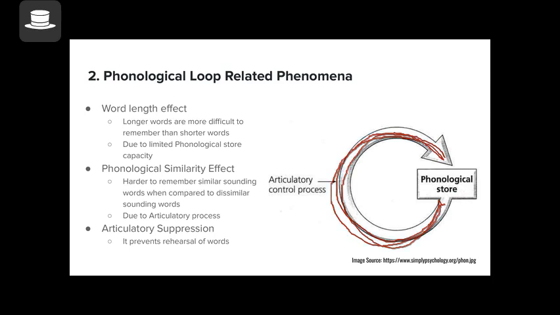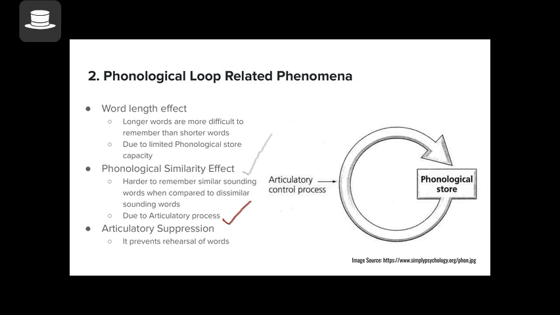So it will be harder for the system to retrieve similar sounding words. That's why the memory accuracy suffers. So if you get a question, phonological similarity effect, what is it? Well, it is the fact that it's hard to remember similar sounding words. And why is it difficult? Well, the reason is due to the articulatory process.